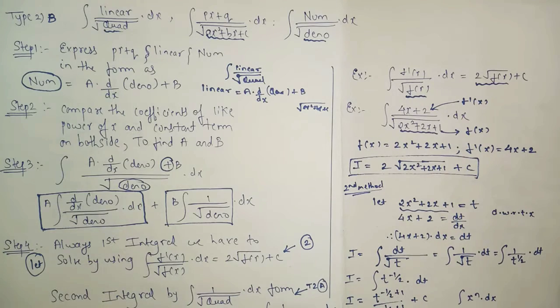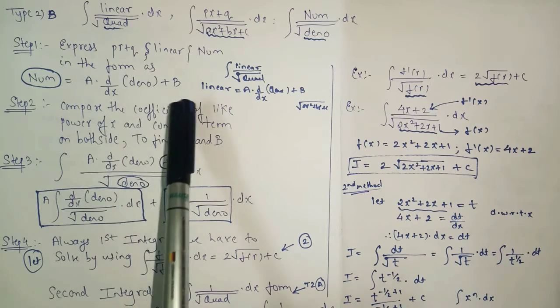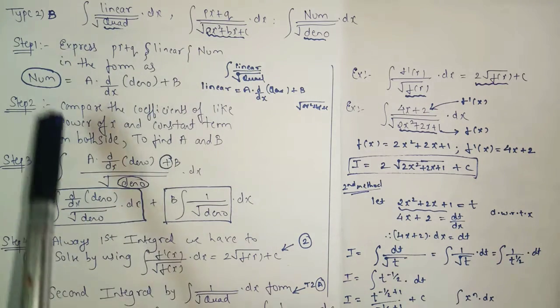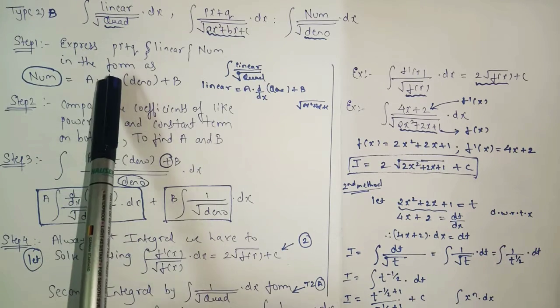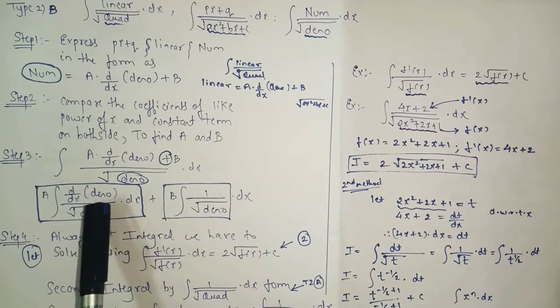Step number 2 is to compare the like powers of x and the constant term of the left hand side and right hand side to find the values of a and b. Step number 3 is to replace the numerator by a derivative of denominator plus b. After that, separate the denominator.